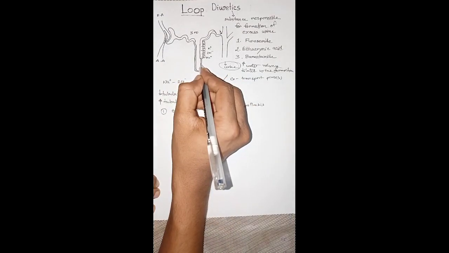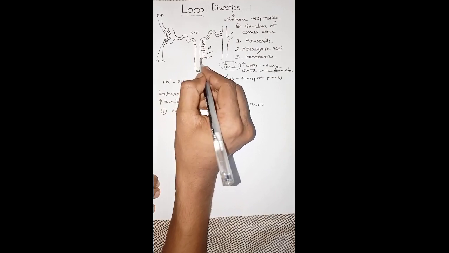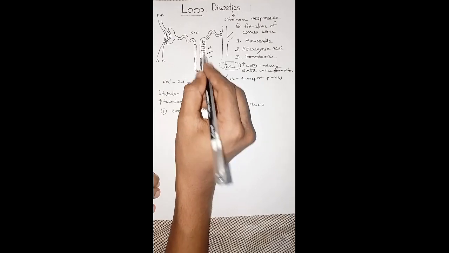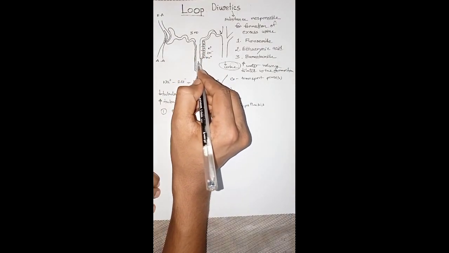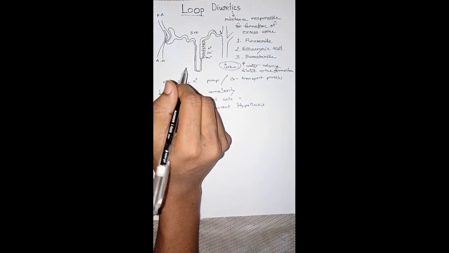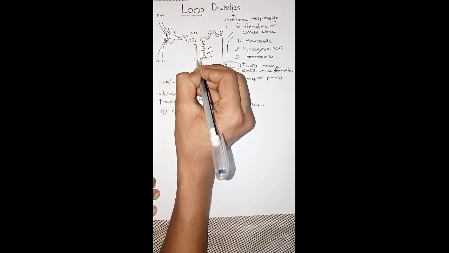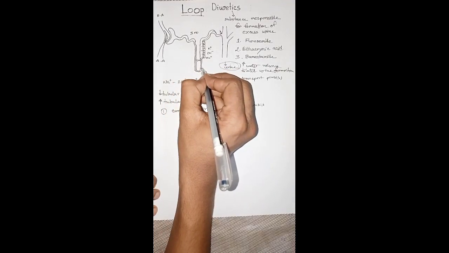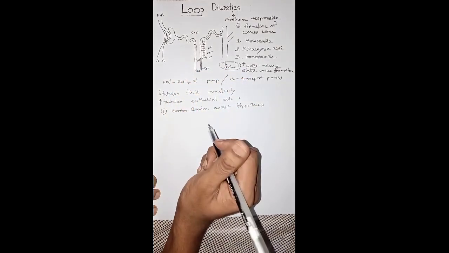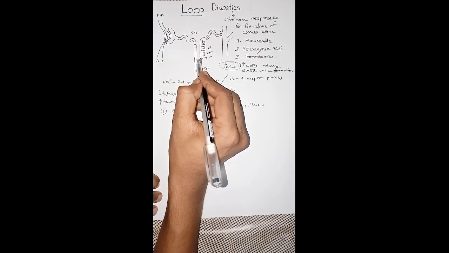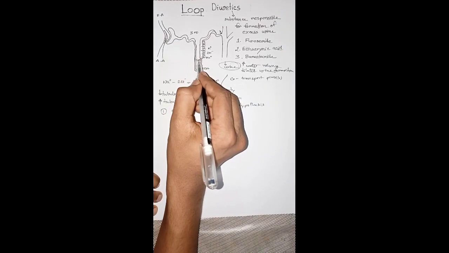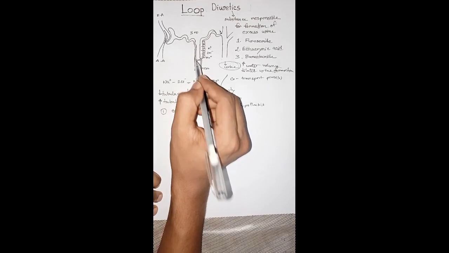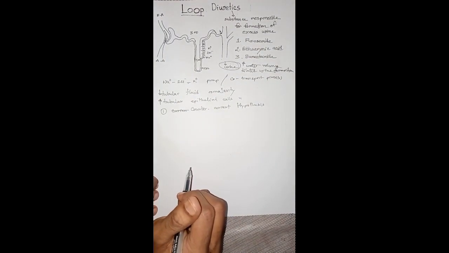But when sodium pumping occurs, the tubular fluid osmolarity decreases and the medullary interstitial osmotic pressure increases. At first, this osmotic pressure is 400 milliosmol per liter and the tubular fluid is 200 milliosmol per liter. This increased osmotic pressure in the medullary interstitial fluid causes osmosis of water from the descending portion of the loop of Henle.